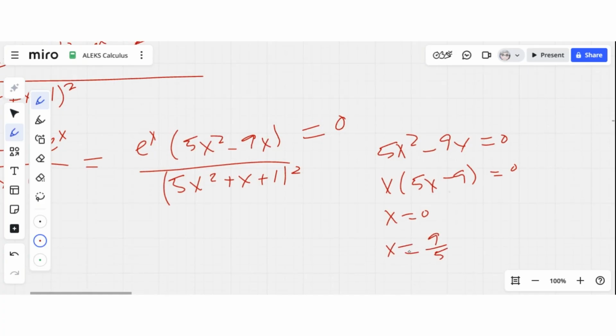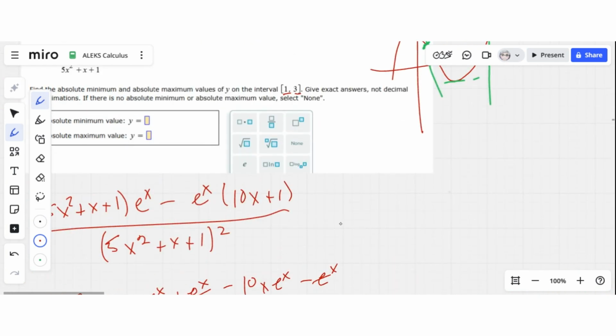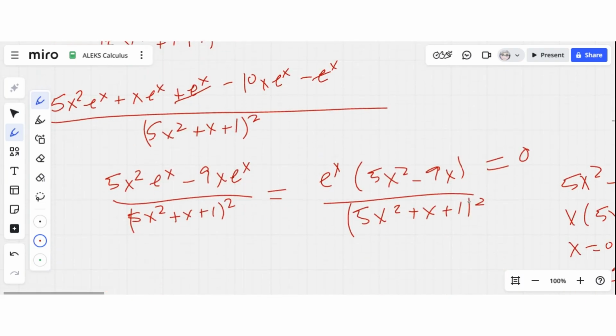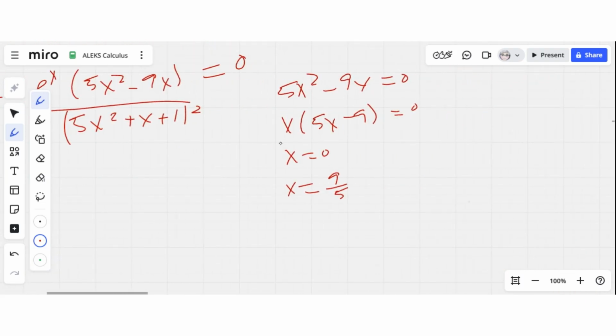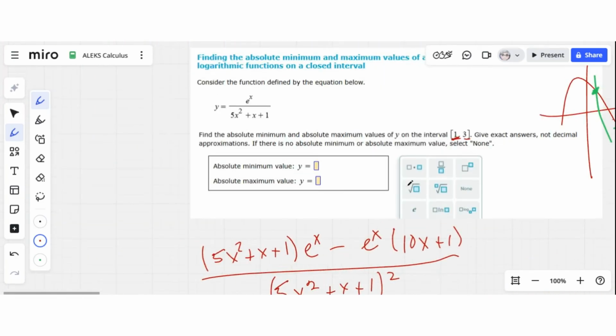Now, let's remind ourselves about our interval, because we don't necessarily want to test points that we don't have to. 0 is not in the interval. 9/5 is. So the points we have to test are not that one, but 9/5, and we have to test the endpoints of the interval, 1 and 3. And we're going to be doing that by putting it back in this function up here.